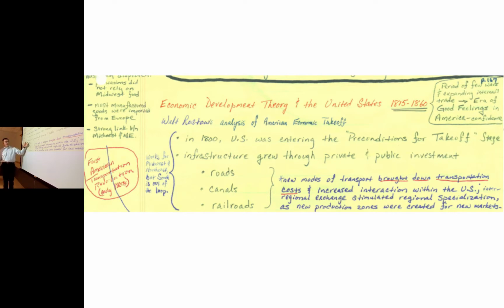As the development grows, or as the systems improve, the technology gets better, the price of moving something declines. This also increases interaction within and across these regions. And it stimulates even more regional specialization.